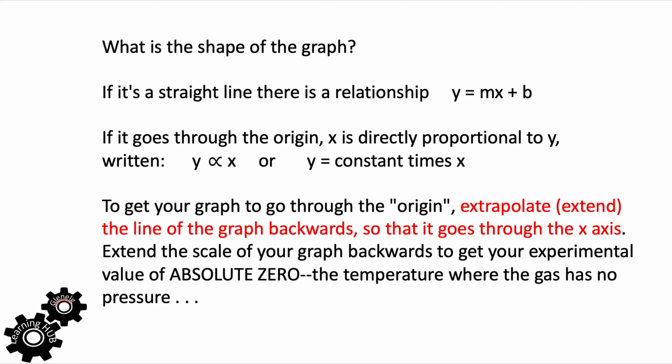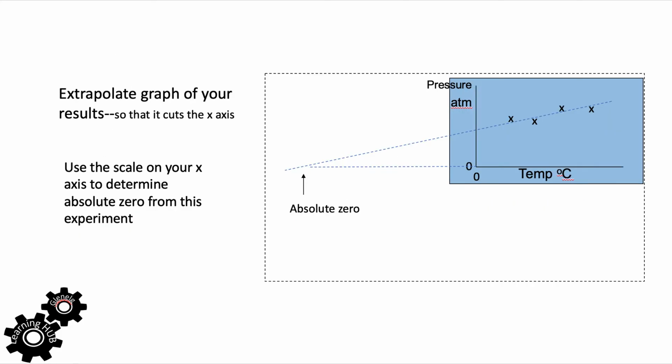But what we can do with our line is we can extrapolate it, extend it backwards, so it goes through the x-axis, and that will be the value of absolute zero.